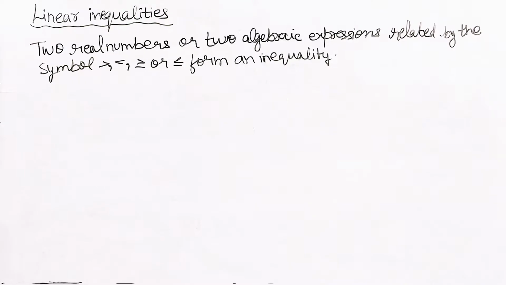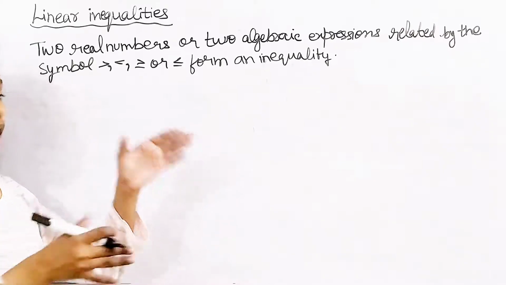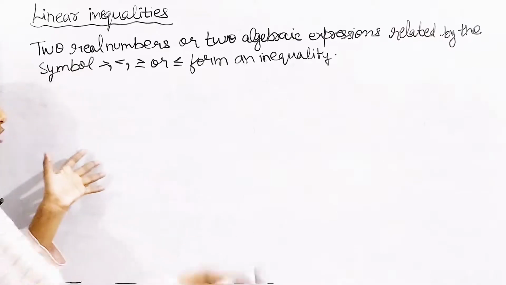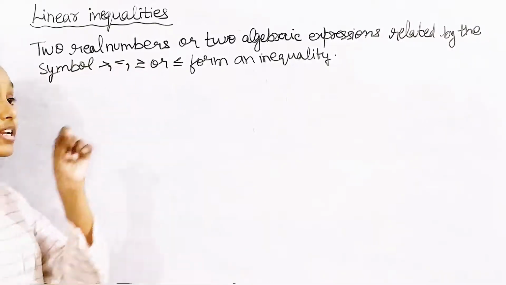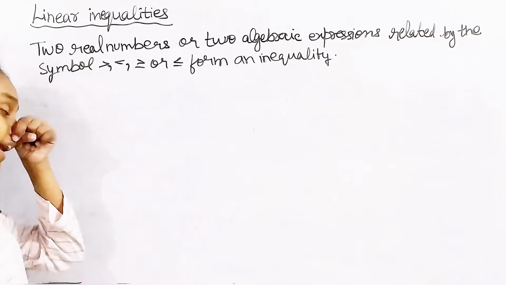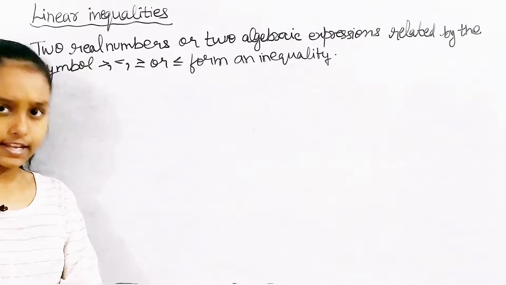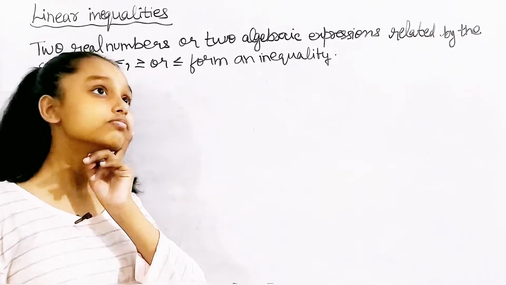I can take some examples, like 3 is less than 5. I'm using this symbol, right? Or I can say 4x is greater than x.